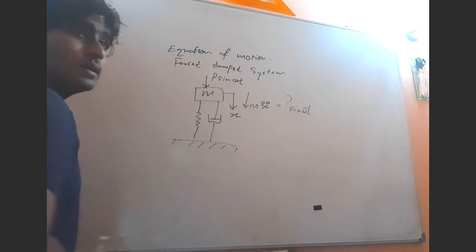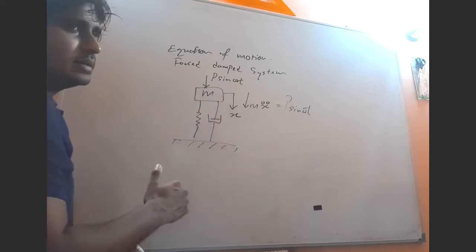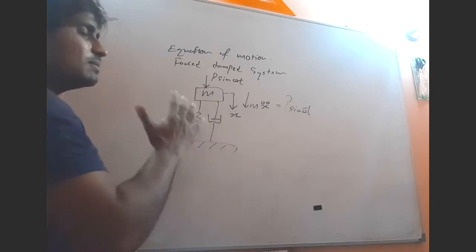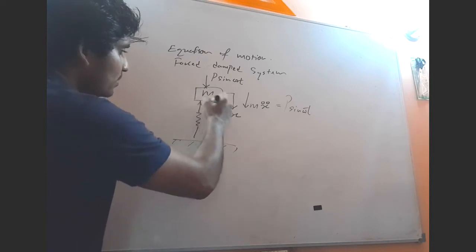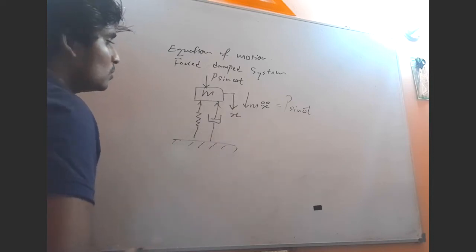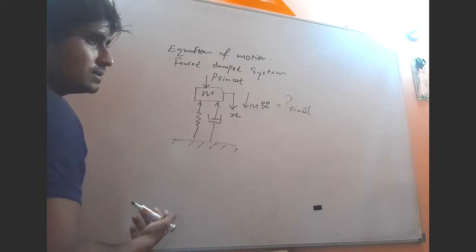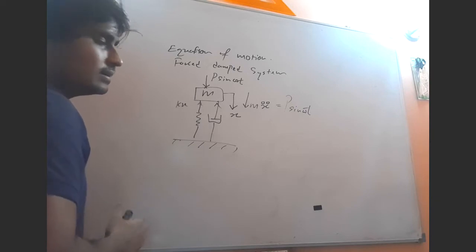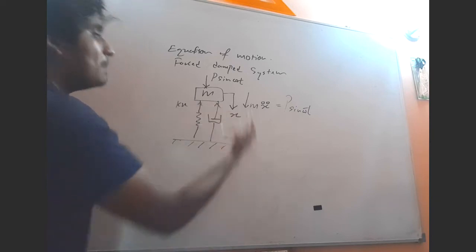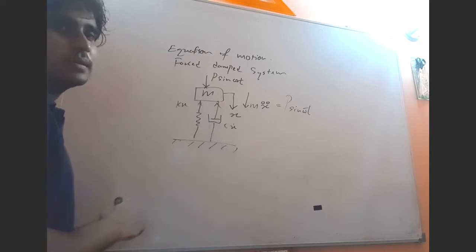Because of that, the equal and opposite reaction on the mass acts in the upward direction. The value of the force because of the spring is kx, and the upward force due to the damper is c x dot.